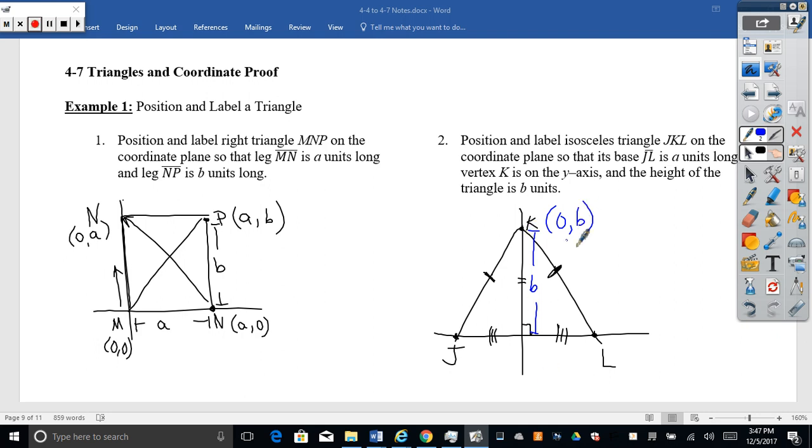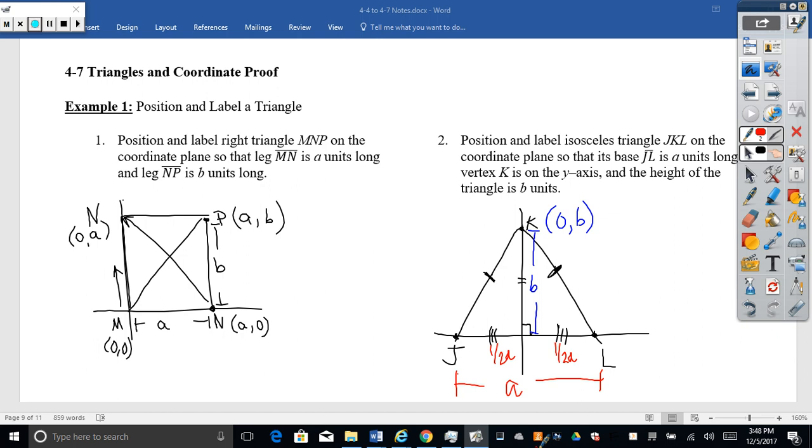That'll be point K. To do points J and L, I've got this length right here of A. Well, if these are both equal, you know that this length would be 1/2 A, and that this length would be 1/2 A.